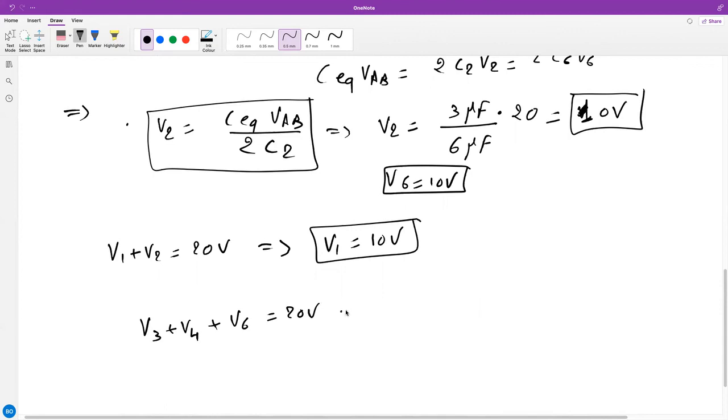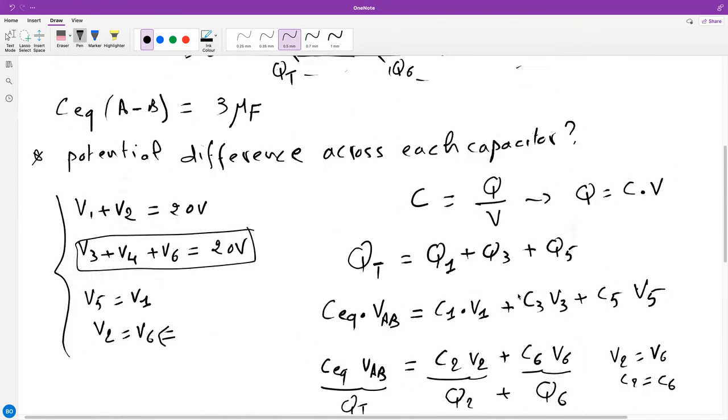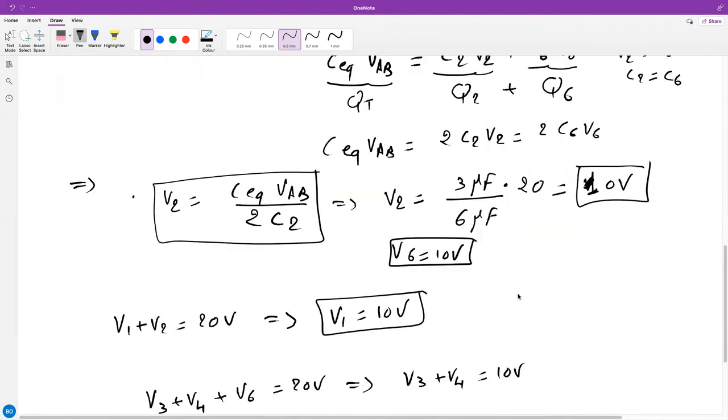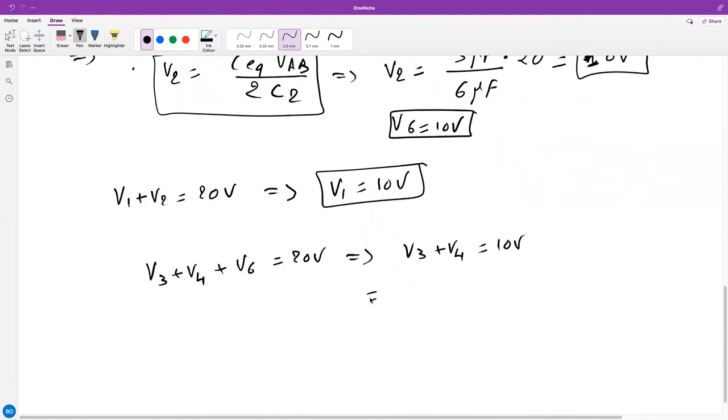This means that V3 plus V4 is equal to 10 volt, and since V3 and V4 have the same charge and the same capacitance, they have the same potential. So V3 is equal to V4, so 2V3 is equal to 10 volt, which means that V3 is equal to V4 is equal to 5 volt.